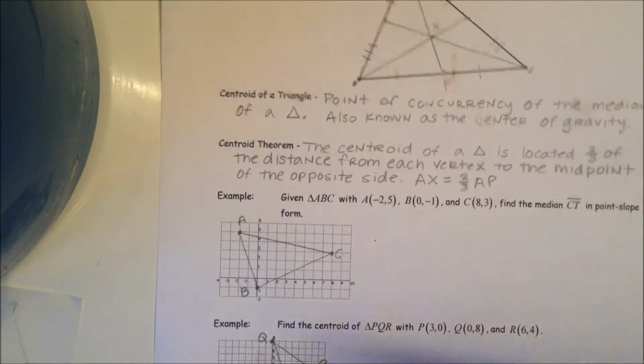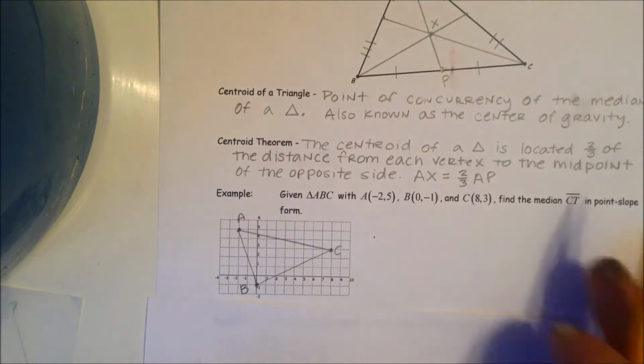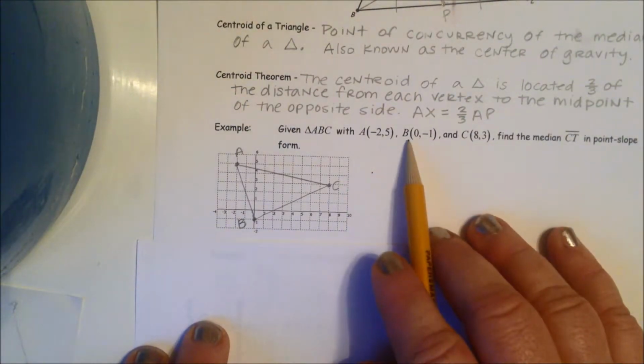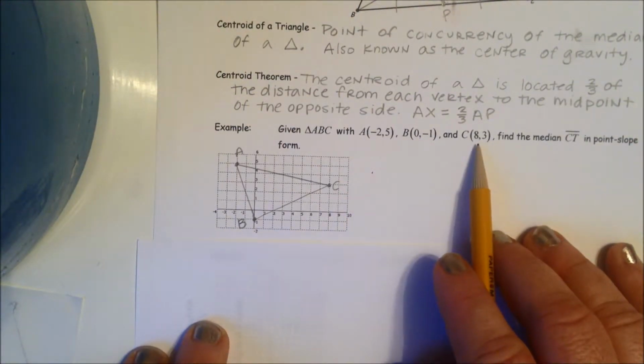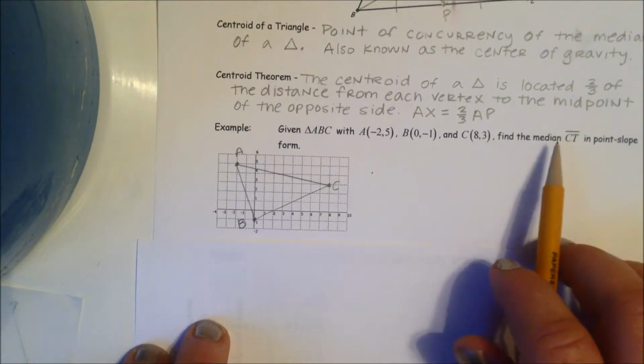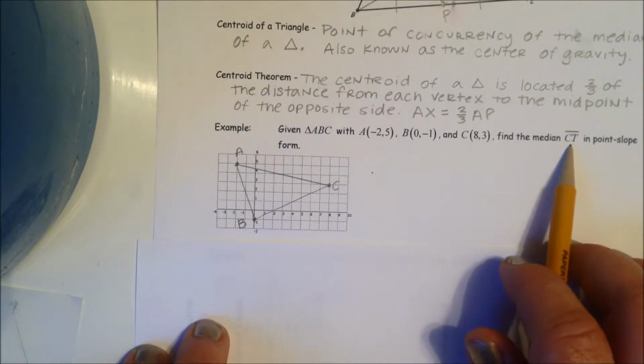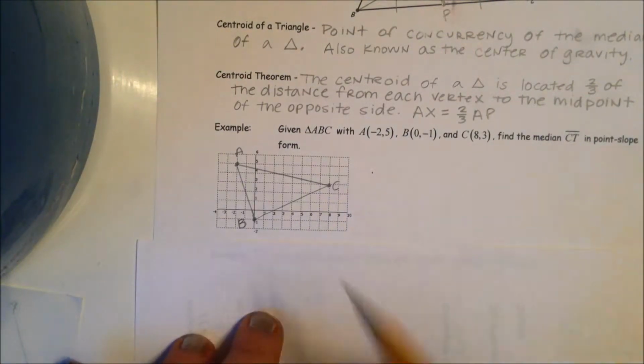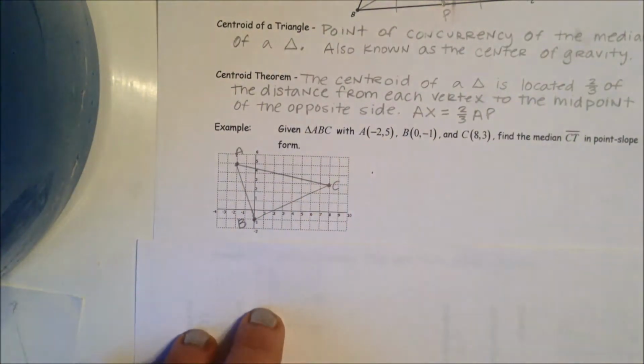It says, given that I have this triangle ABC with A at (-2, 5), B at (0, -1), and C at (8, 3), find the median CT in point-slope form. So go ahead and make sure you put your points on your triangle.